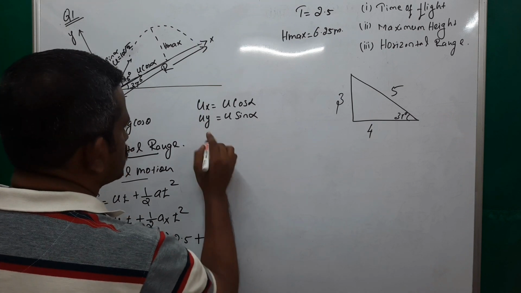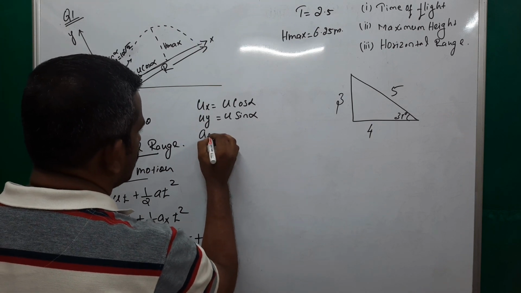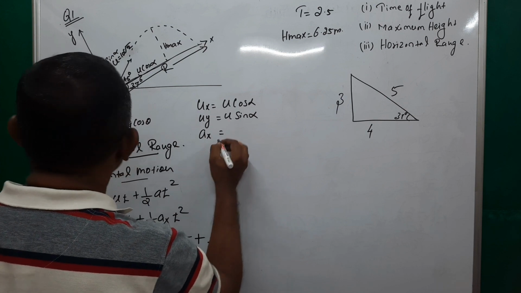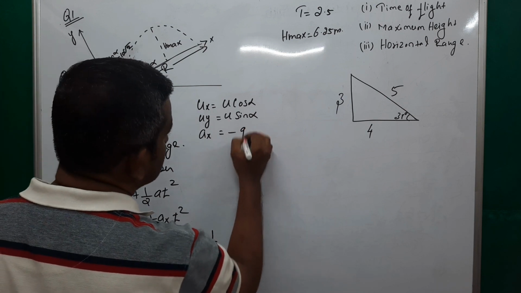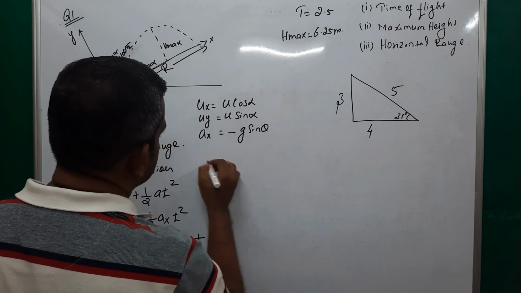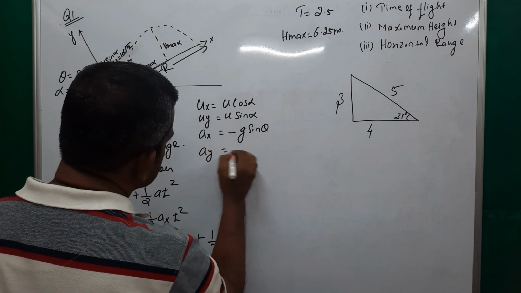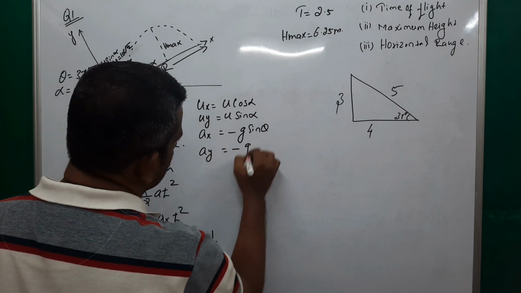So Ax means g minus g sin theta, and Ay means minus g cos theta.